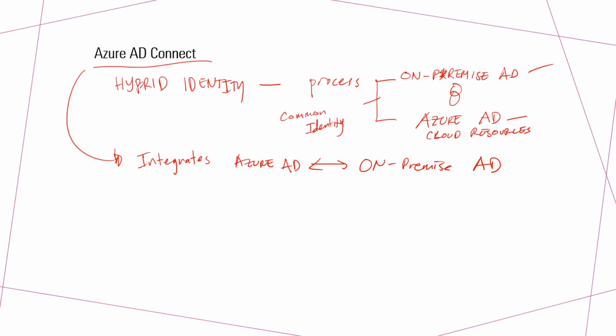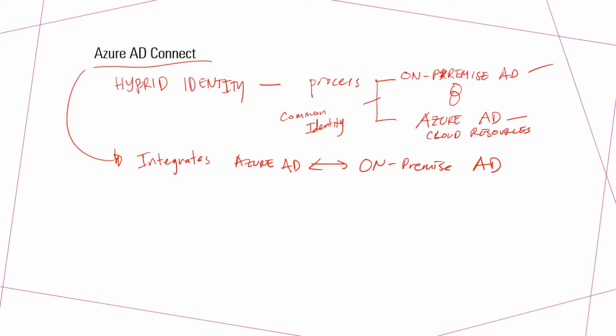That would be Azure AD Connect. It's actually a software. It's something that you install in a server or in the domain controller itself, so that it'll facilitate all of this synchronization that will happen between your on-prem AD and Azure AD.